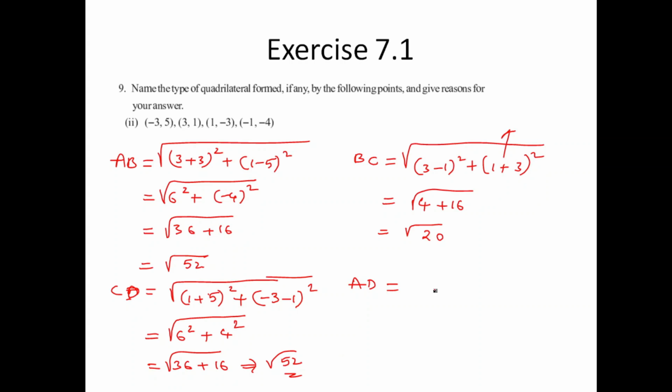So let us look at AD length, that is your root of A to D. See, this is A to your D. So your x2 is your minus 1 minus of your x1 to the whole square plus y2 is your 4 minus of y1 to the whole square.